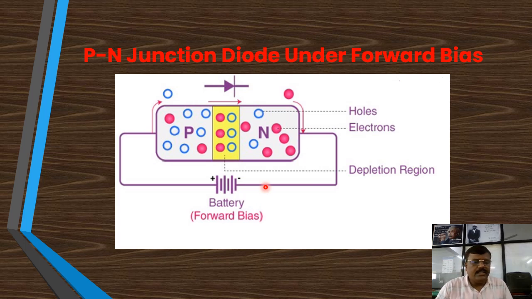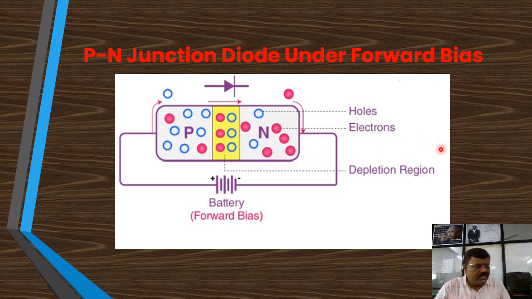As a result, electrons can move from the n-type material to the p-type material, and holes can move in the opposite direction, allowing electric current to flow through the device. This is called a forward bias of the p-n junction diode.